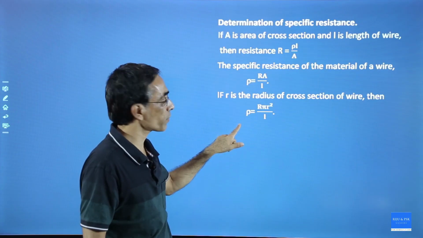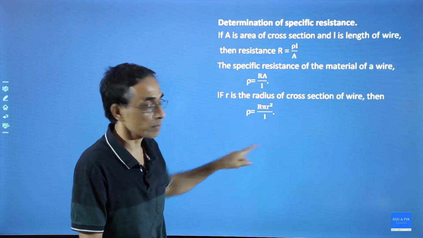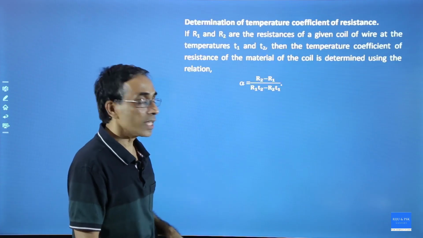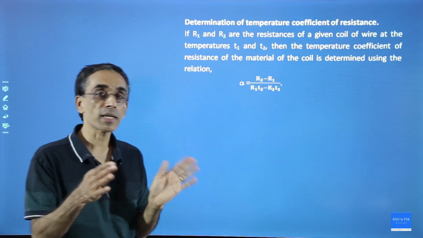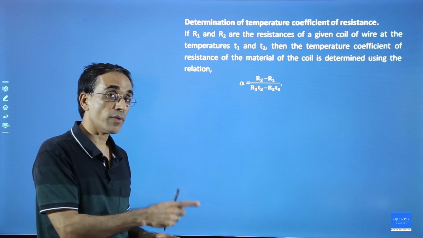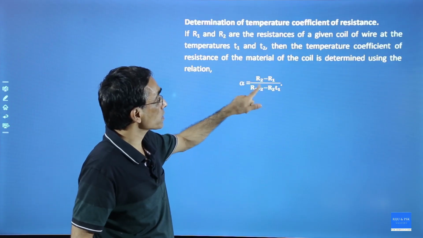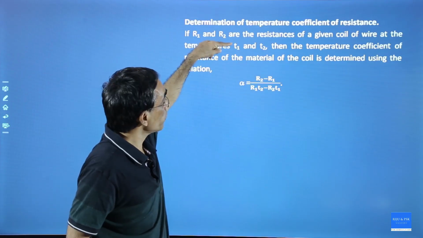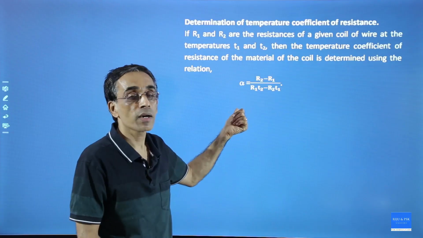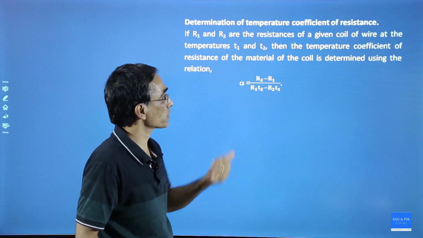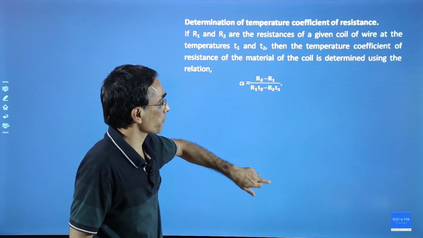From resistance you can find out resistivity using this method. If you do this experiment at two different temperatures, for the same wire you will get two resistances R1 and R2. Then if you know the temperatures, you can find out the temperature coefficient of resistance. So, that can also be done.